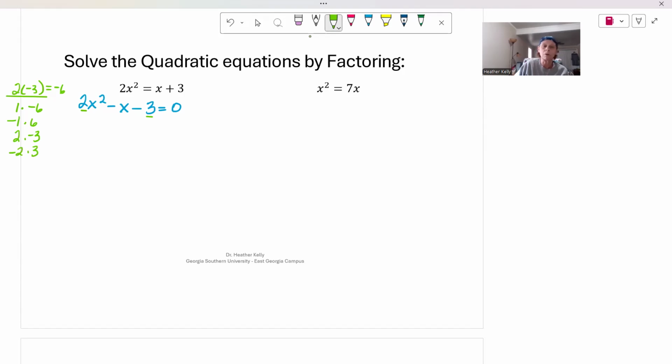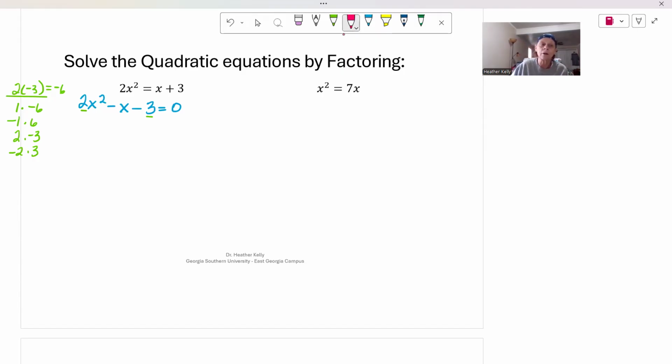Now, you don't have to make the list. You don't have to do all of this, but I'm the teacher. I'm going to show this with all the steps because there might be one of you that just is not good at factoring, or you've been out of school for a while or whatever. Okay, so we've multiplied the A times the C, and we made a list of all the pairs that multiply to give us that number.